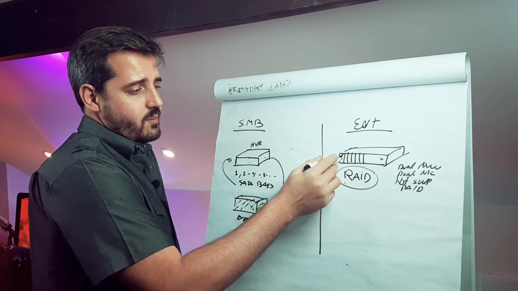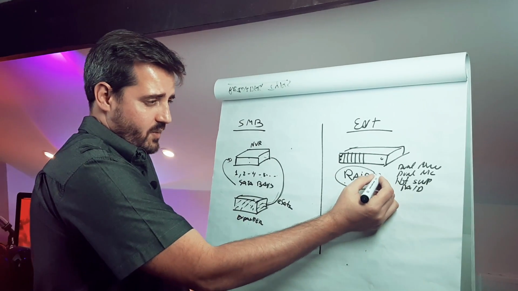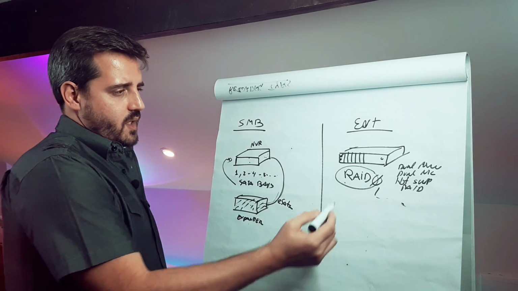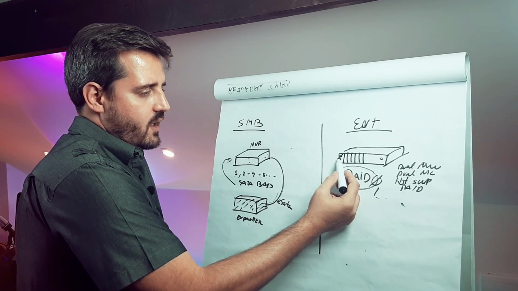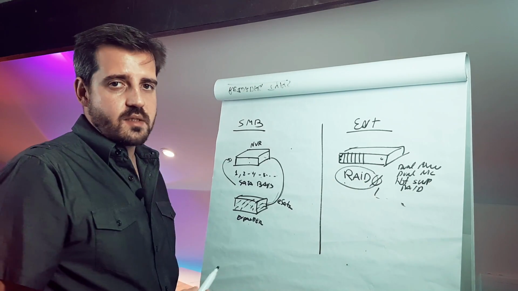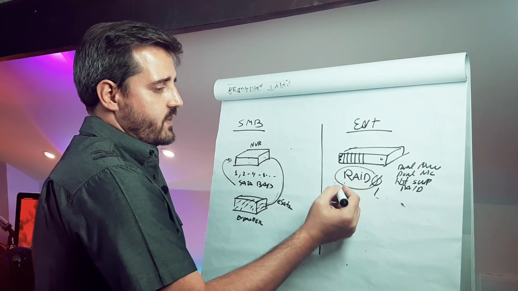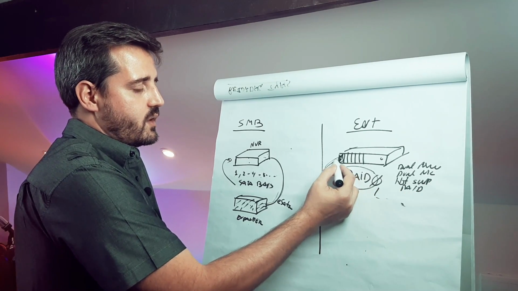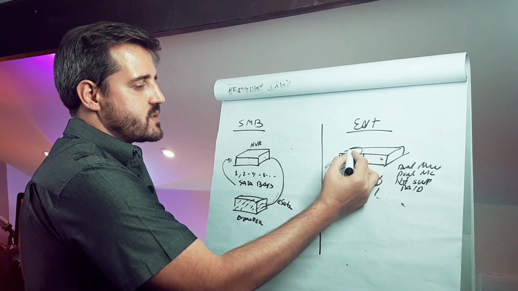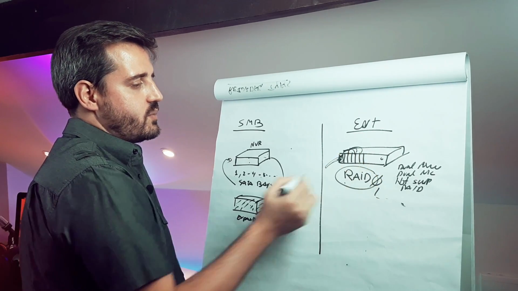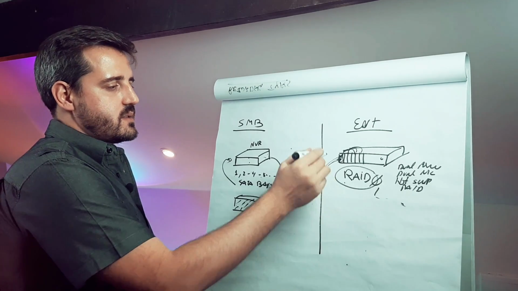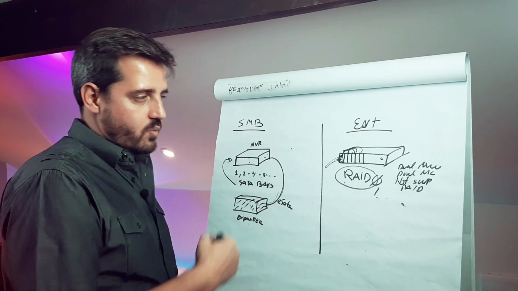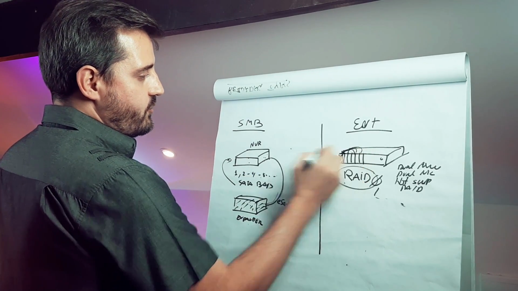Not just one, it can be two, depending on the level, the number you have, right? 0, 1, 2, we have different numbers that tell you how much is protected against this type of situation. So with hot swap and RAID, we can swap the hard drive with a new working one, and the other hard drives will regenerate the information that was present in that faulty hard drive, and then we'll have your system back again, working as before.